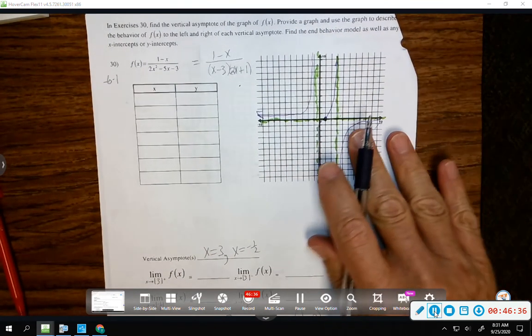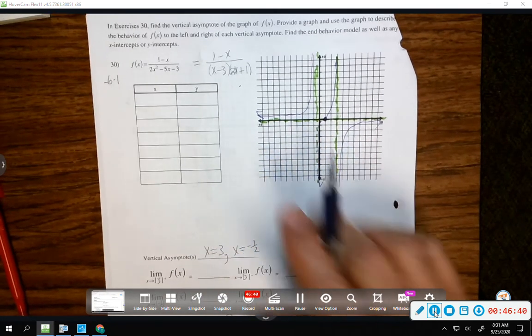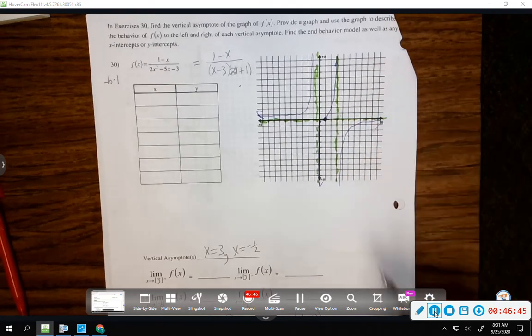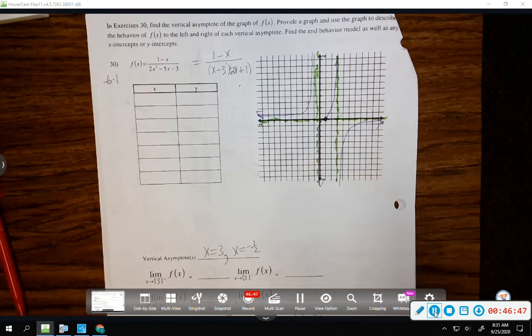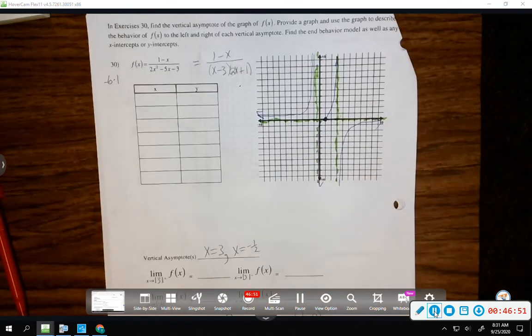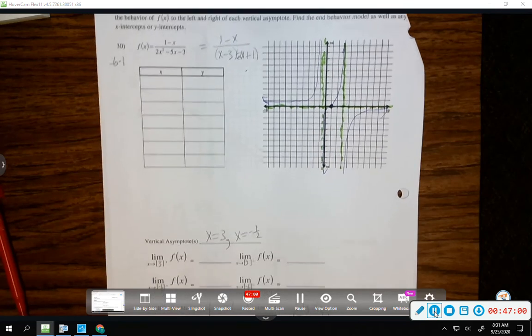So the fact that there are no x-intercepts is just as important as finding this one, because we know it's not going to cross through that horizontal asymptote, and we're not going to have a bump outside of here. It's going to look like that. So let's take a look at these. Once we get a picture of it, I think that's the easiest way to deal with this. Now let's come back and talk about the limiting values here.